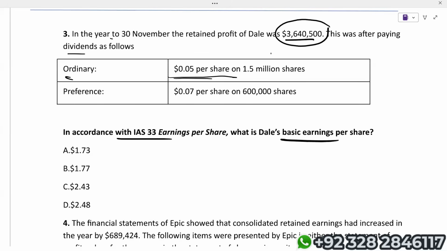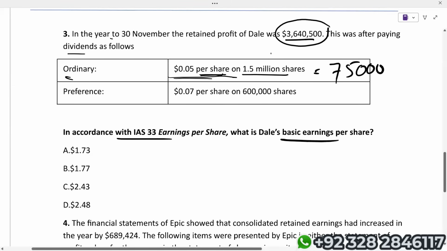ordinary dividend. It is $0.05 per share. And how many shares do we have? We have got 1.5 million shares. So 1.5 million into 0.05. Students, the amount of ordinary dividend I'm getting is $75,000. What I did, I have taken 1.5 million shares multiplied by 0.05.